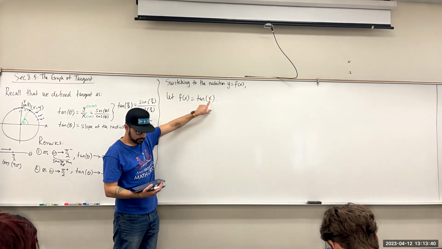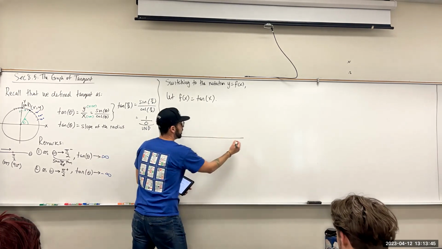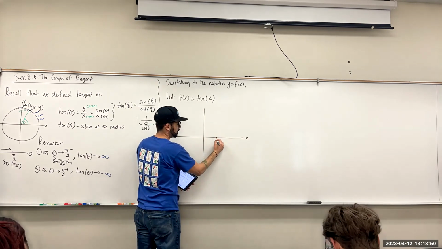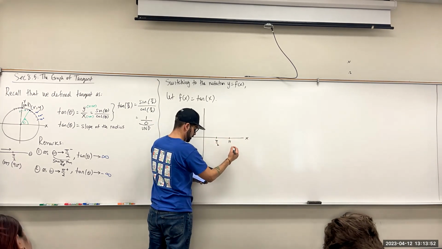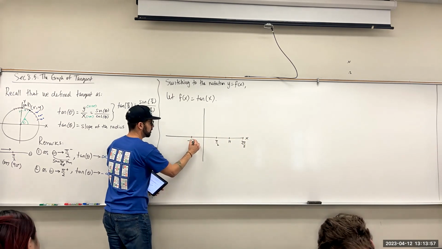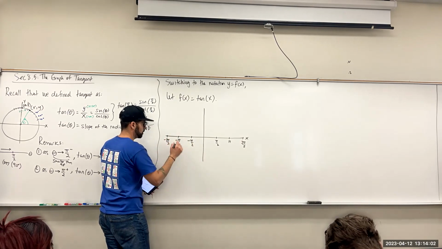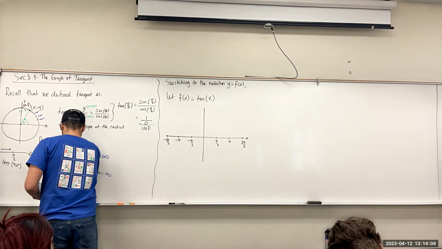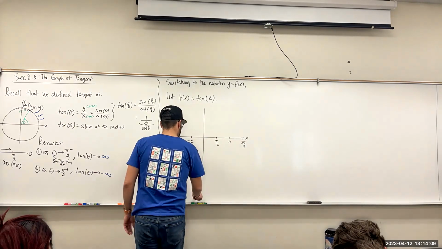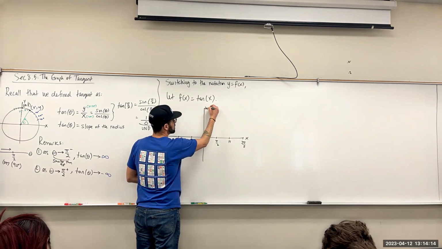Think of it as a theta. And then I want to get an idea of the graph of it. So let's put pi over 2, pi, 3 pi over 2. And then over here, negative pi over 2, negative pi, negative 3 pi. And then the vertical axis is going to be tangent.